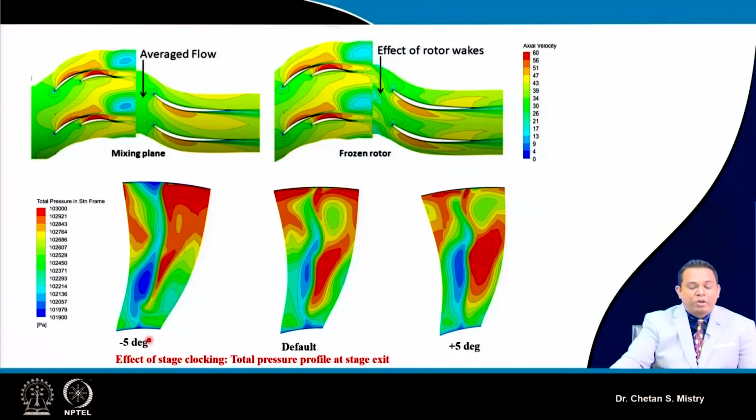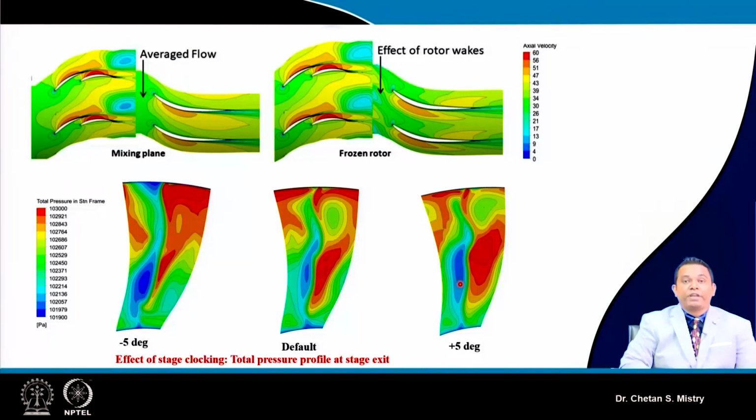So here if we look at it, when we put this kind of configuration, we will have this particular low momentum fluid coming out from the stator. It is large in size. Here this is a normal configuration. So we can say the exact flow field study can be captured by using this kind of configuration.